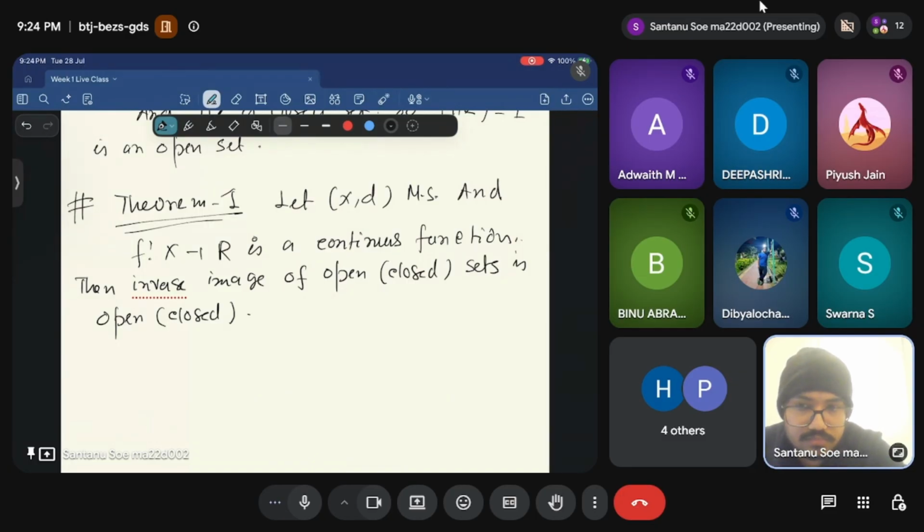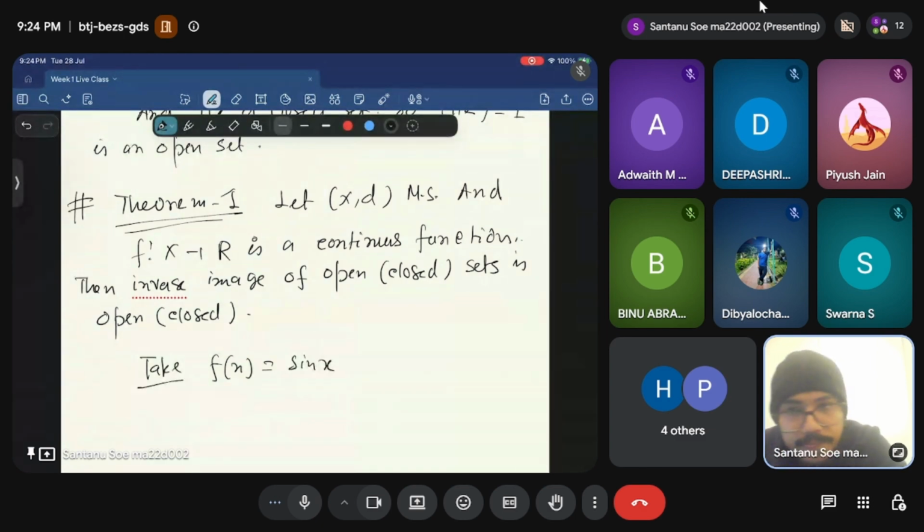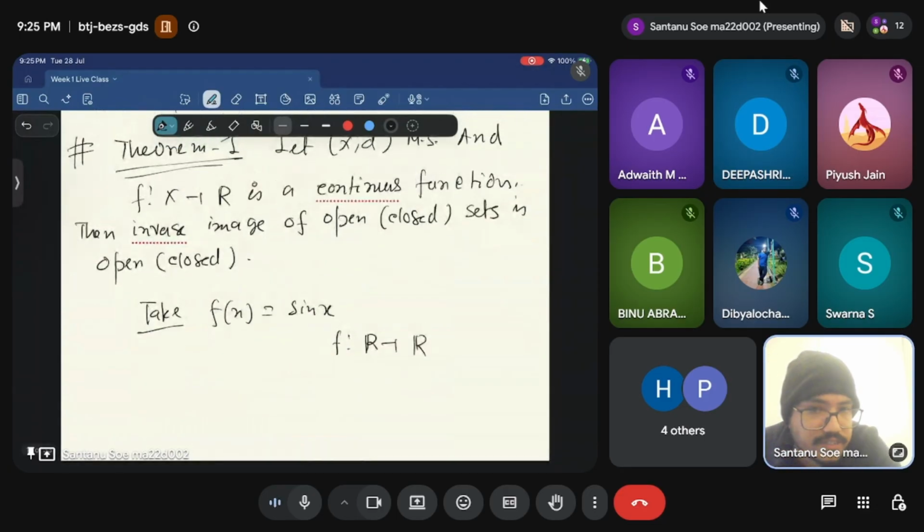For the set E, you can take f(x) equals sin x, defined as a function from R to R. Sin x is a function from R to R, right? Then f inverse of R minus 0 is E. How many of you can see that f inverse of R minus 0 is our E?